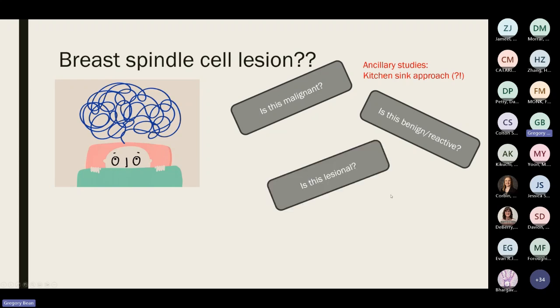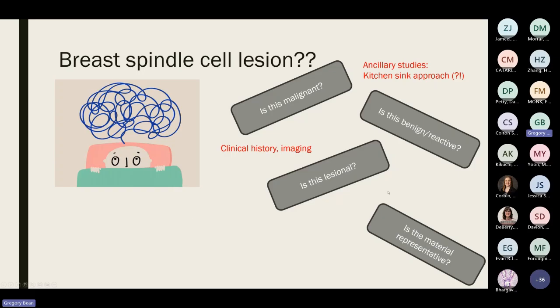Am I even looking at something that actually is the targeted lesion? Because sometimes these lesions can be bland, and breast stroma has a variety of appearances just normally. So looking up the clinical history and the imaging is very important in starting to answer these questions. Is the material representative?